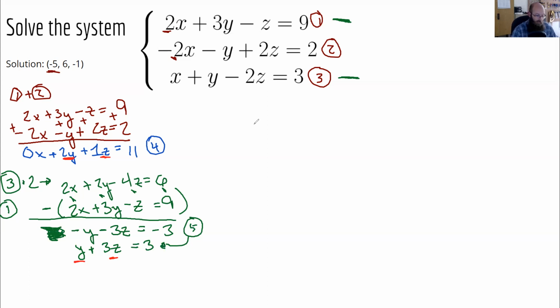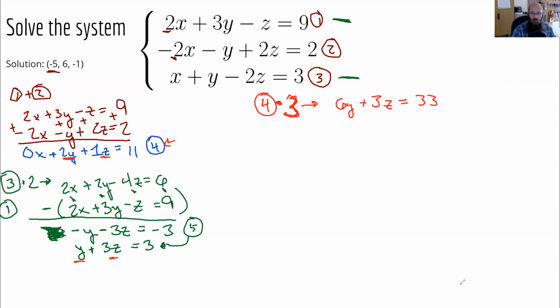There we go. Okay. So now I'm going to take my equation 4. I'm going to multiply it by 3. That's going to get me, remember the 4 is over here, 6y plus 3z equals 33.